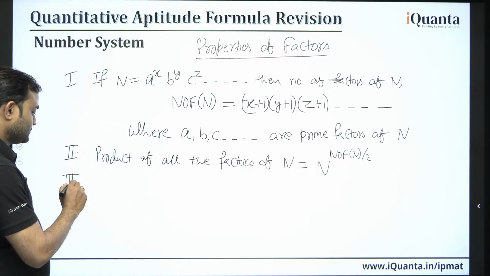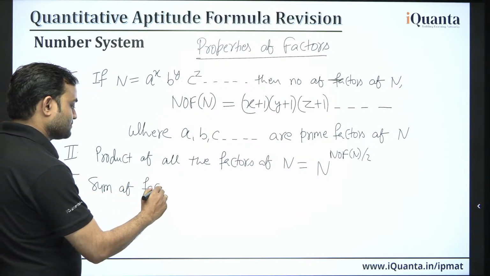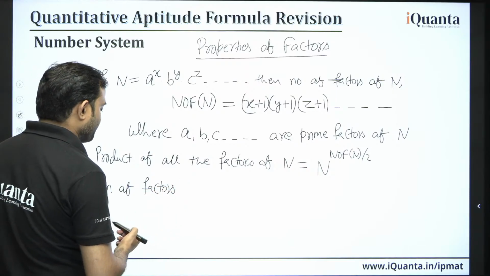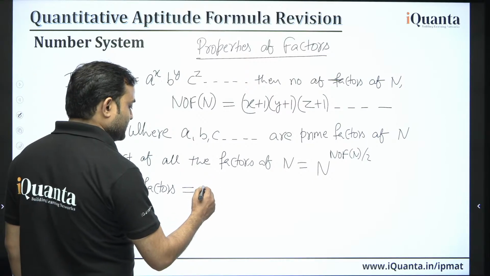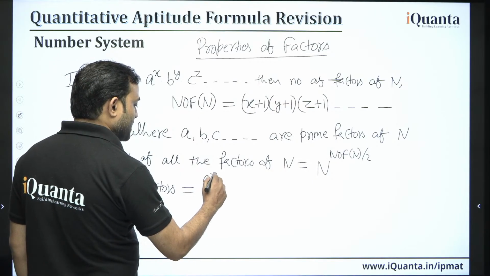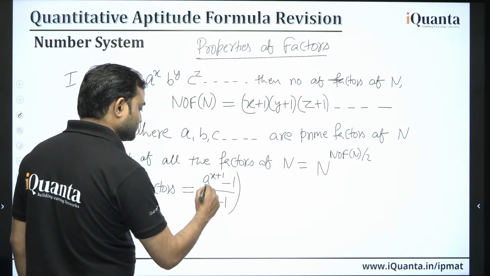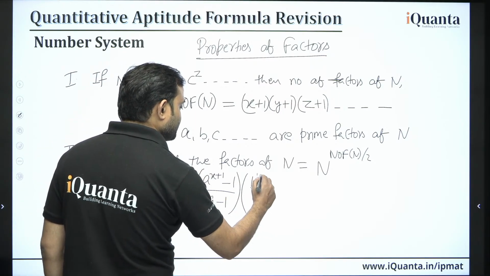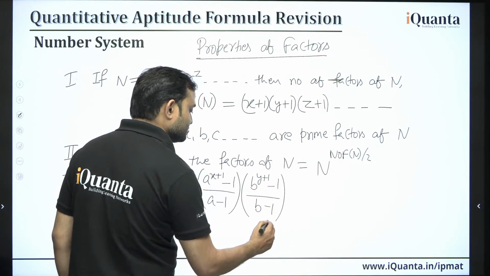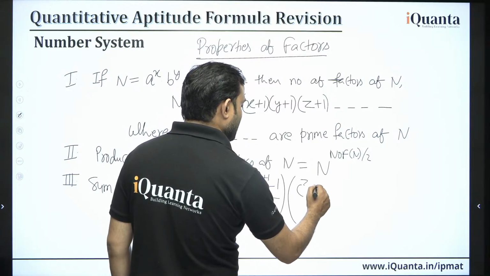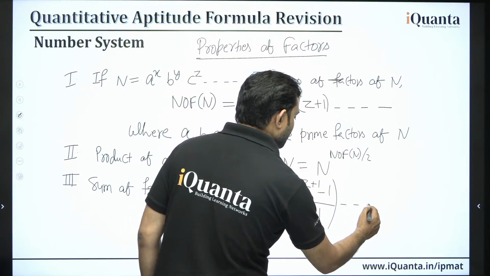Third one, what will be the sum of factors? So sum of all the factors of n, we can say this will be equal to (a to the power x plus 1, minus 1) divided by (a minus 1), into (b to the power y plus 1, minus 1) divided by (b minus 1), into (c to the power z plus 1, minus 1) divided by (c minus 1), and so on.